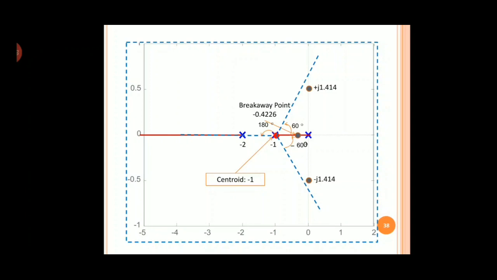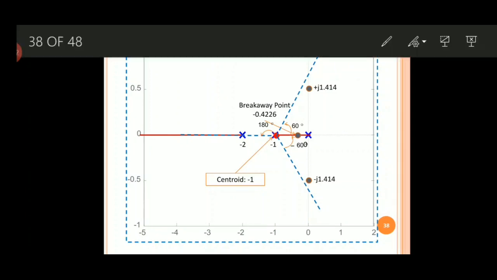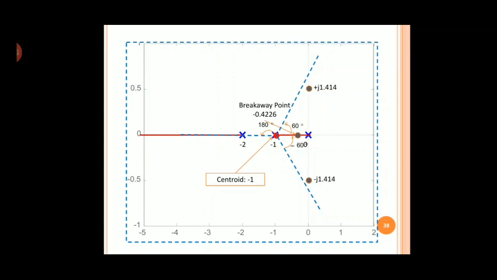Now how do we draw the root locus? We are done with all the points, so now it is time to draw the root locus. Observe carefully: we have seen there will be 3 branches, and all the branches start from poles and go to infinity. In which direction do they go to infinity?